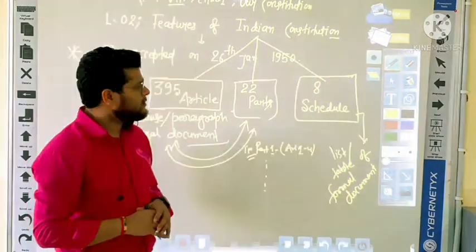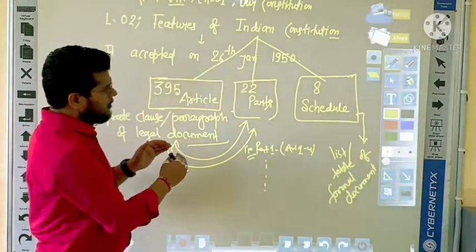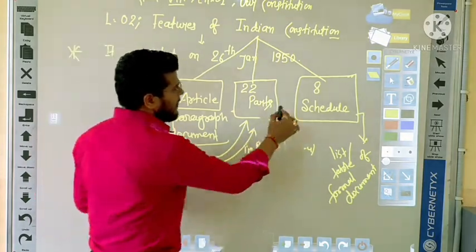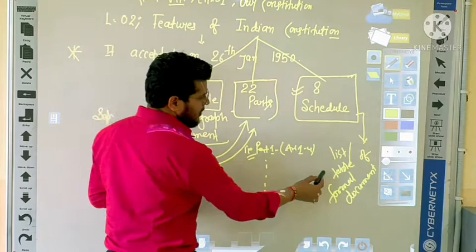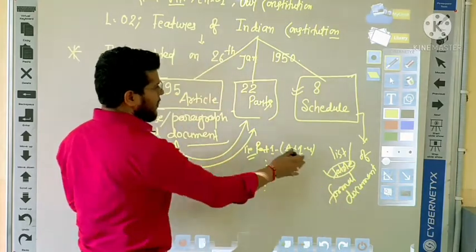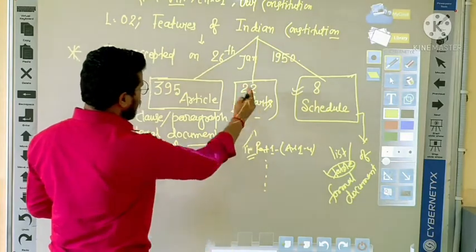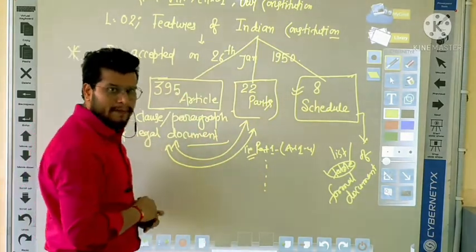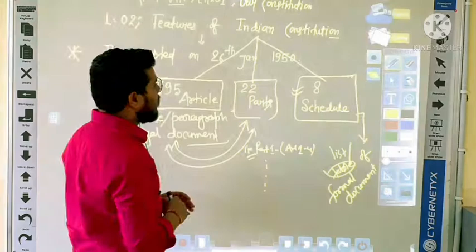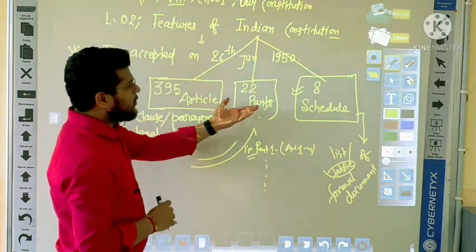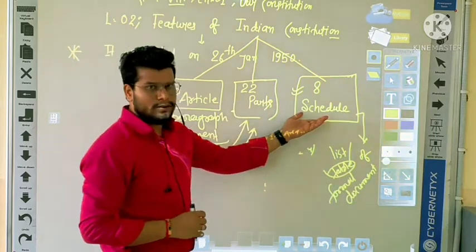Is anybody getting my points? It means our constitution is divided into 8 schedules, which means 8 tables, under which all these parts and all these articles come. Does everybody understand? Now 395 articles, 22 parts and 8 schedules.